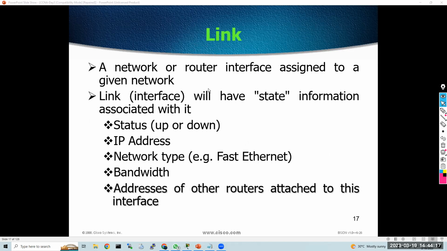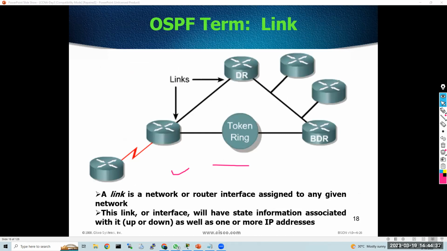So what is the link, guys? A link might be Fast Ethernet, Gigabit, or optical fiber. The link state might be up or down. Let me discuss this point. Remember, what is DR? It is nothing but your designated router.